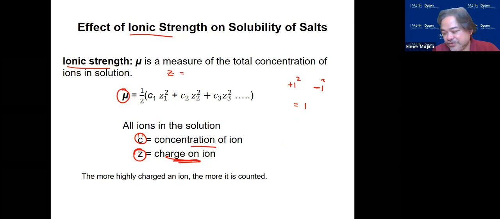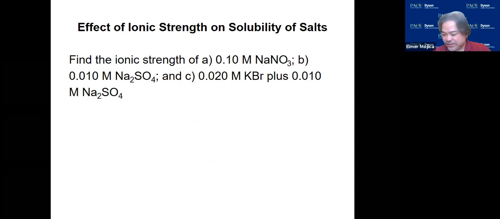Okay? So let's try to see how we determine ionic strength. Find the ionic strength of 0.1 molar sodium nitrate. So what do we do here? So mu is just equal to 1/2. And then we look at the concentrations that we have there.